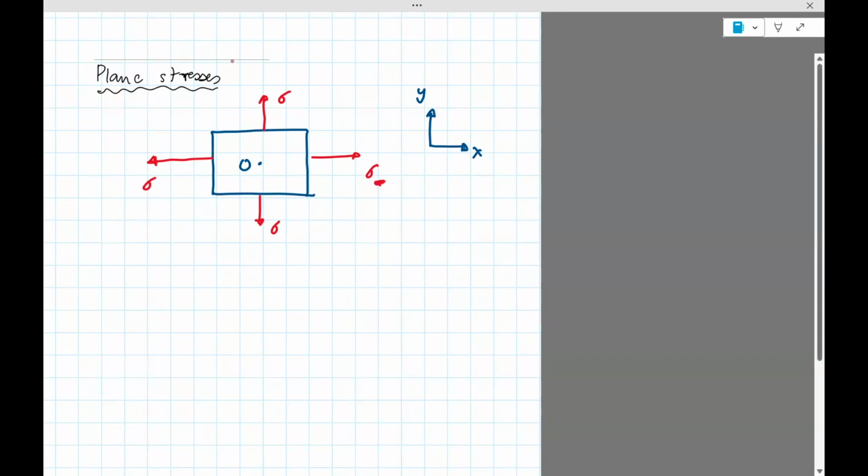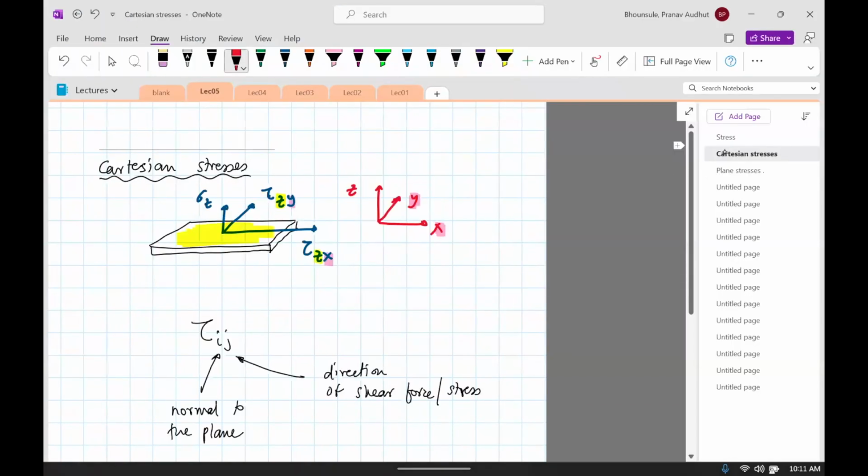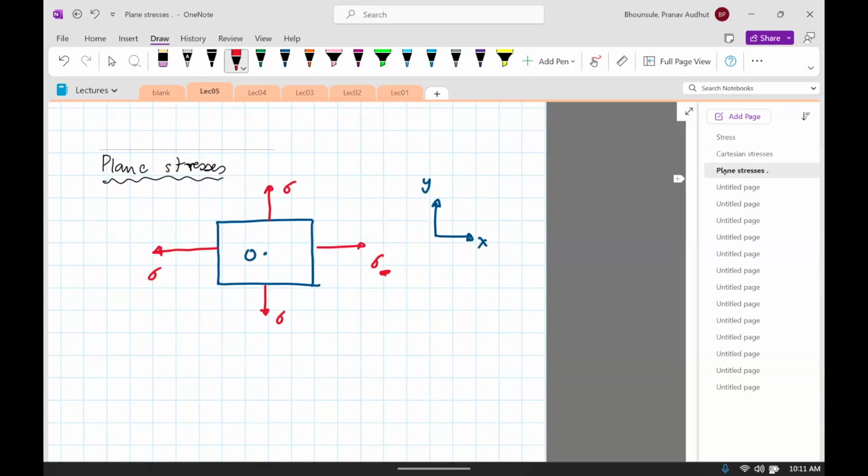The way to think of this is, if you go back, this is the stress in the z direction. So similarly, this should be the stress in the x direction. And this one is also the stress in the x direction because it's pointing in the negative x direction, but still in the x. Now it's not hard to see that this should be y, because it's pointing along y.